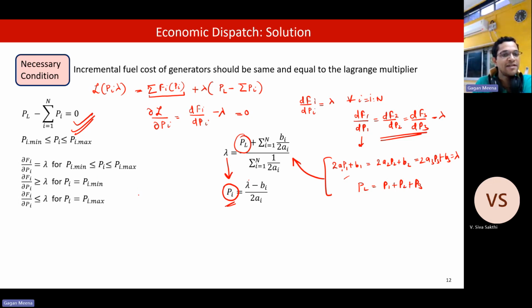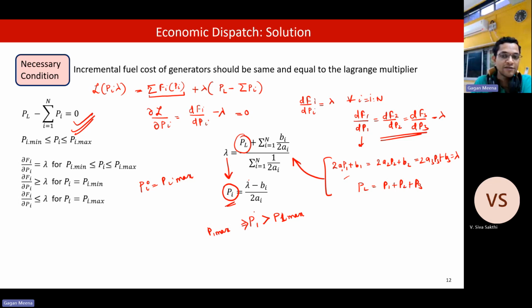But if a generator hits its minimum limit, sorry, maybe maximum limit, let's say if a generator hits its maximum limit of Pi max, or let's say we find out P1 and we find that P1 is even greater than P1 max, but we have to respect the limit, so we limit it to P1 max only.